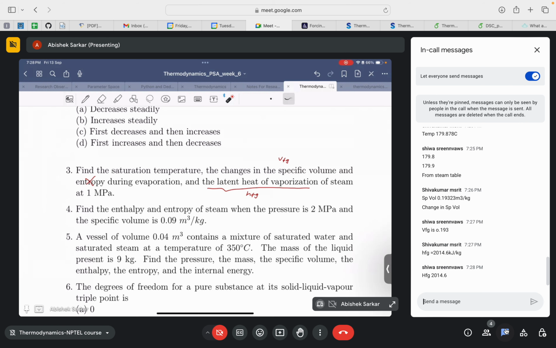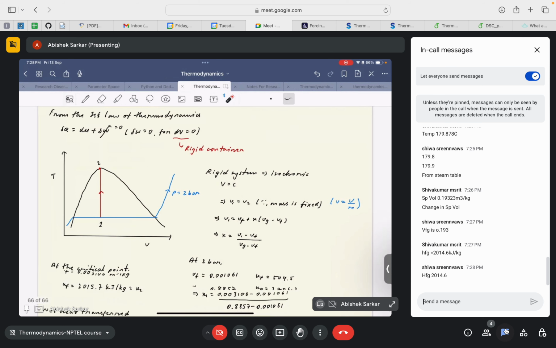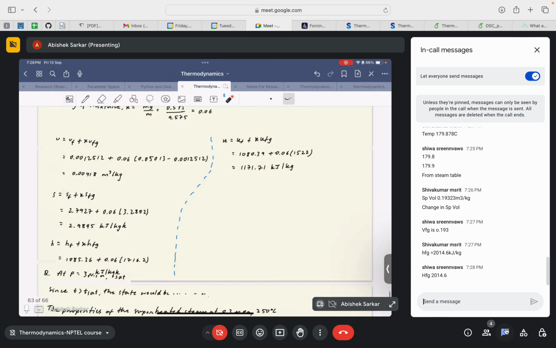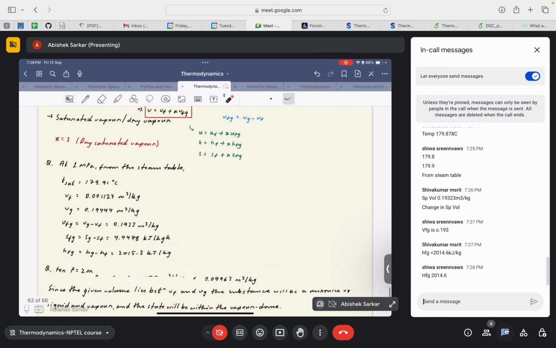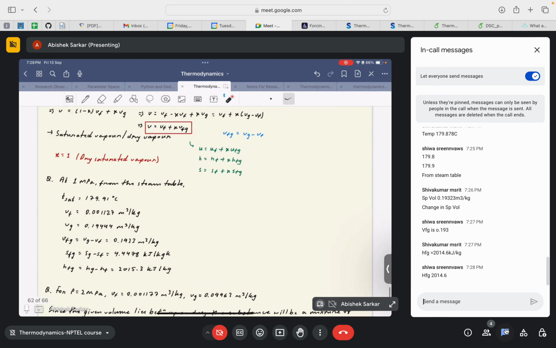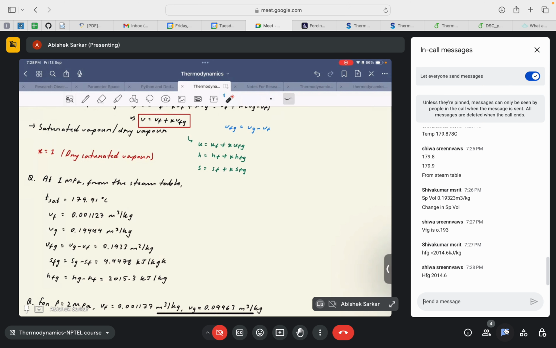Thank you so much. So let me go back to my answers and rectify it. At 1 megapascal from the steam table, we had the saturation temperature as 179.91 degrees Celsius. It varies from table to table, so forgive me for the variation in the decimal points.